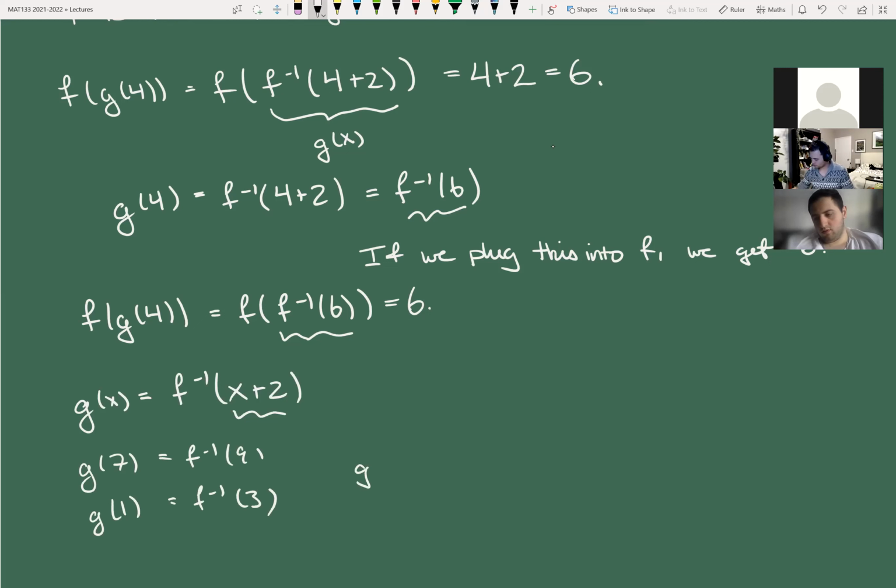So g of 4 is what thing mapped to 6, right? So it's not that the output is 7 or 1 or 4 because of that x plus 2 term. You have to add the 2 to it, right? So I think most of the people who probably answered A kind of put the 2 on the wrong side. Instead of figuring out what mapped to 6, they were trying to figure out what mapped to 2 instead, right? Okay, cool.